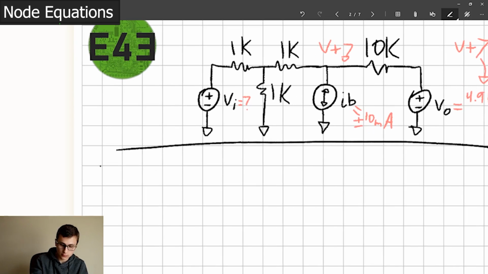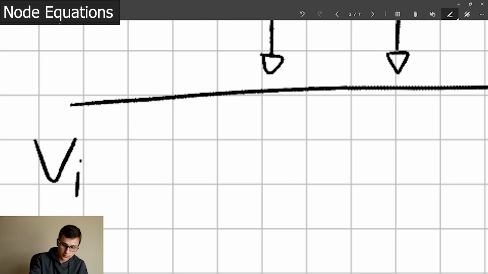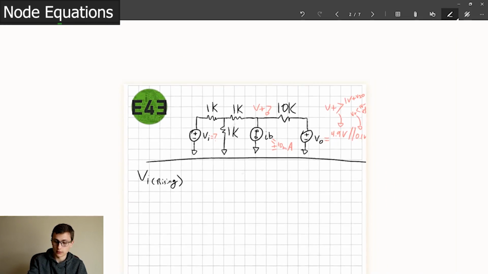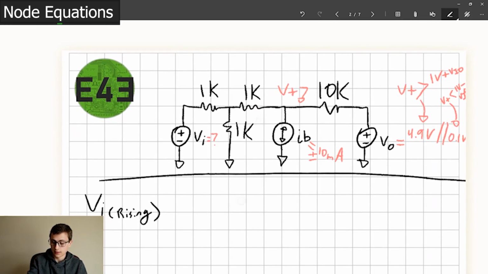So let's first solve for V in rising. So that would be transitioning from output low to output high. Now there's 2 ways that we can do this.